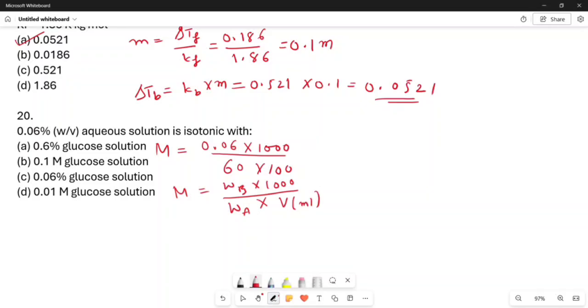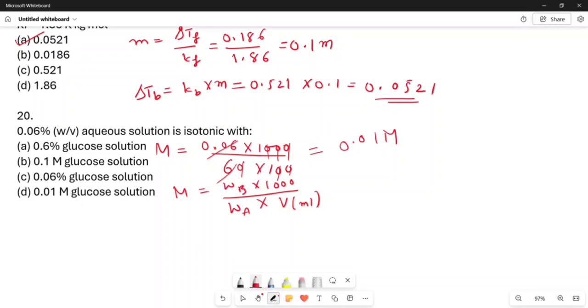The weight of the solute is 0.06, and the molar mass WA is 60. Now you can calculate the molarity: the zeros cancel, and you get 0.01 molar.